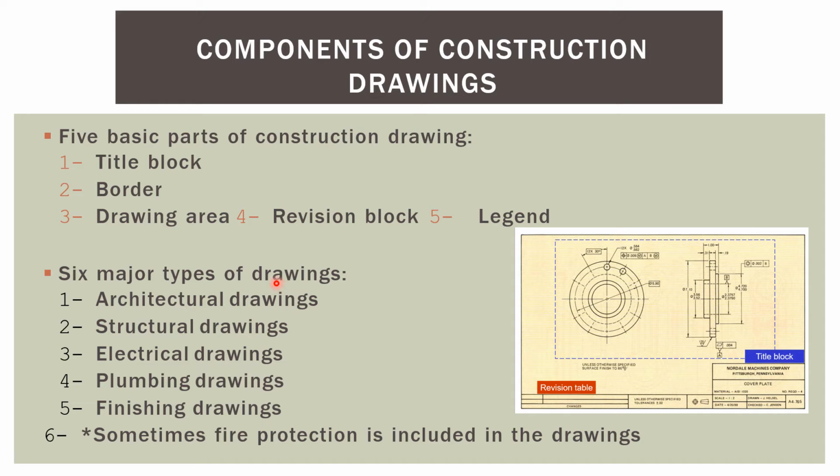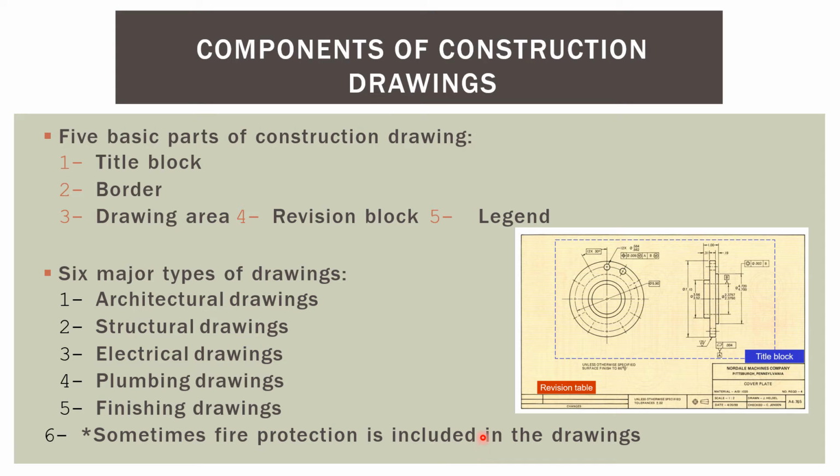There are six major types of drawings that come under the heading of construction drawing. First one, architectural drawings, then structural drawings, electrical drawings, plumbing drawings, finishing drawings. And sixth one, sometimes fire protection is also included in the drawings.